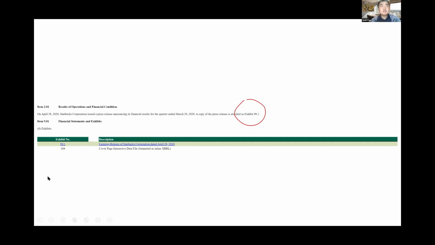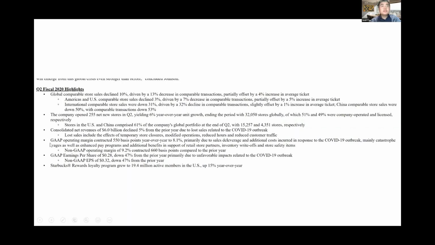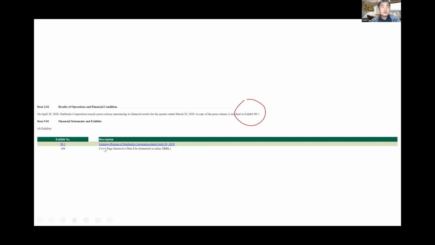So this is about item 2.02, and this is about Starbucks. Basically, you go to 2.02 and you know this is exhibit 99.1, and then you click the 99.1 exhibit.